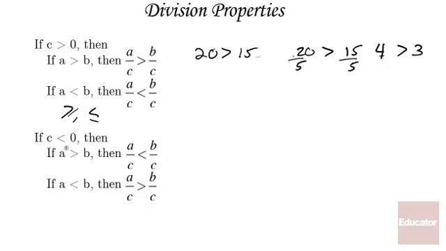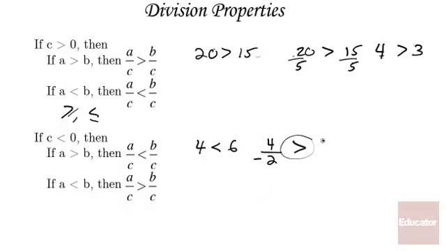Now, if we're dealing with dividing by a negative number, you have to reverse the inequality sign, and then the resulting inequality has the same solution set as the original inequality. So if I have 4 is less than 6, and I divide both sides by -2, I need to immediately reverse the inequality symbol.